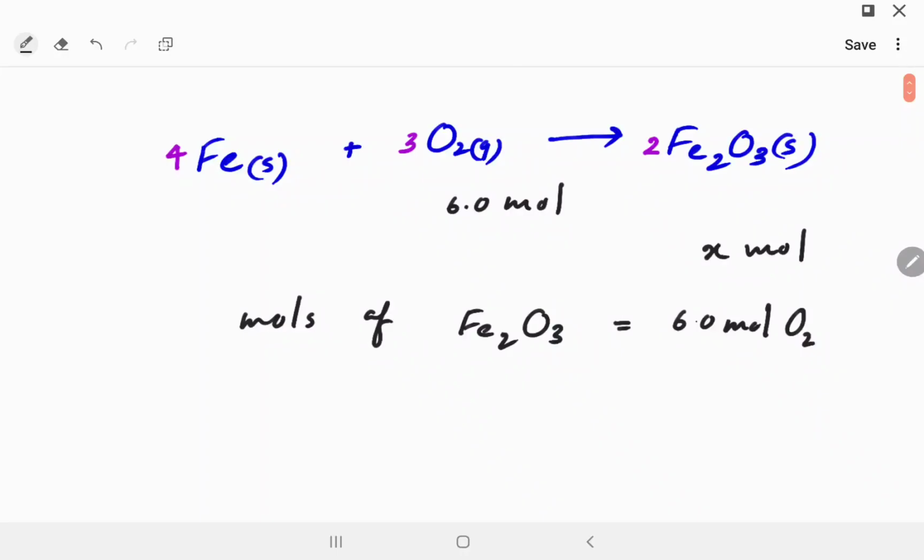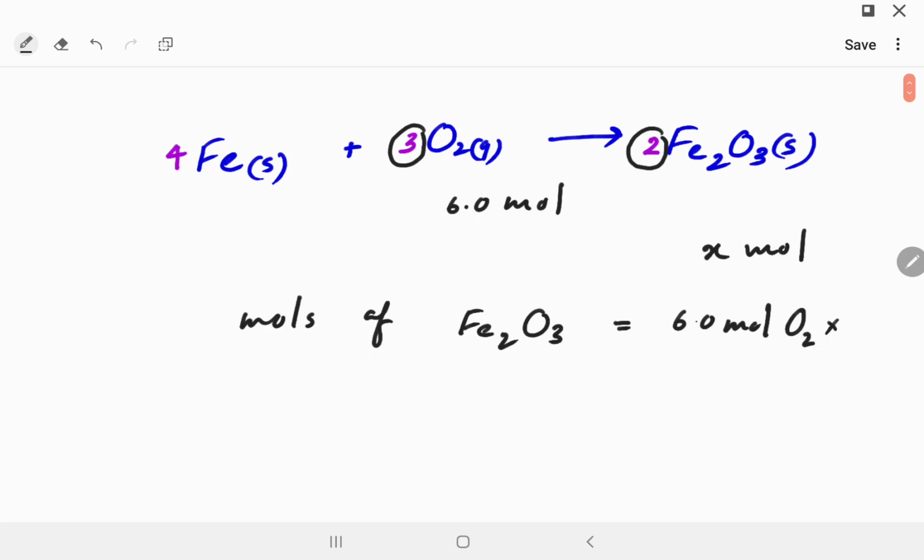To get to the moles of iron oxide, you will use a mole factor that involves iron oxide and oxygen. This mole factor should have number 2 and number 3.